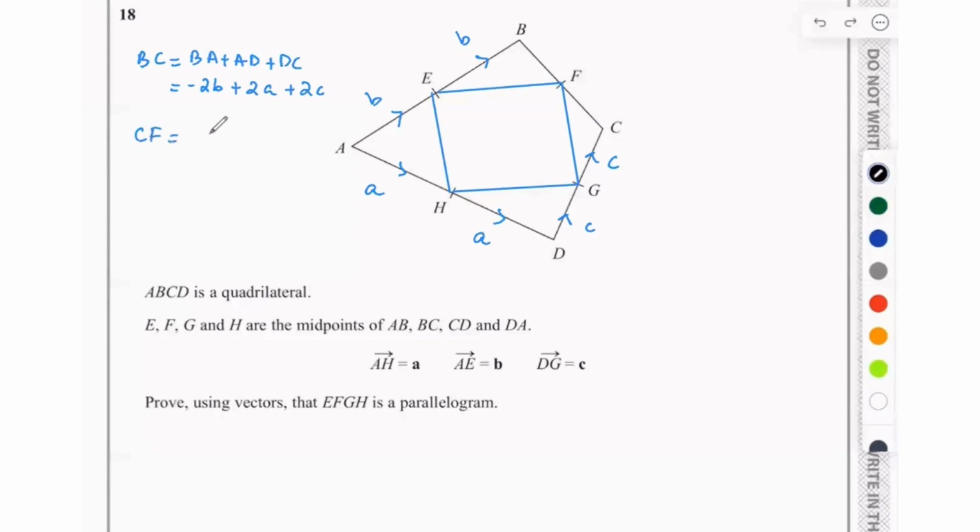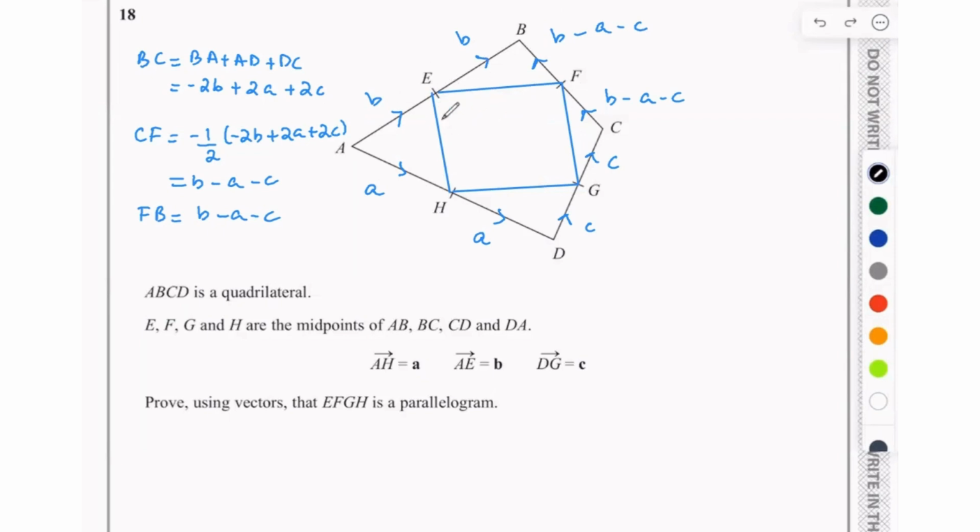CF will be negative half of negative 2B plus 2A plus 2C, which is going to be B minus A minus C. So CF is B minus A minus C, and FB is also going to be B minus A minus C. Okay, so now that we have all of the vectors, let's begin with finding EF, FG, GH, and HE.